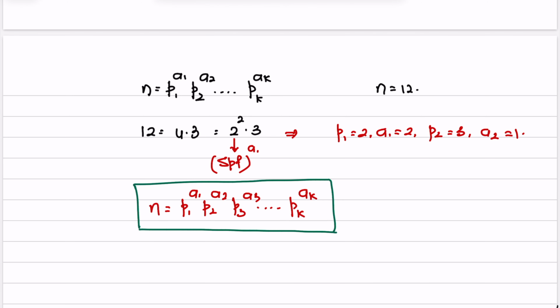Here 4 is a divisor. You see here, this 4 is a divisor. It's a perfect square.